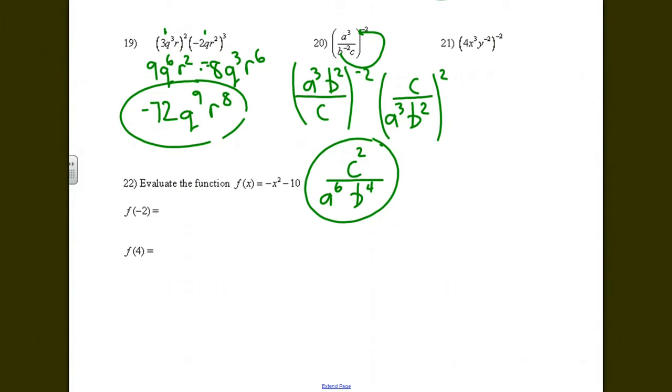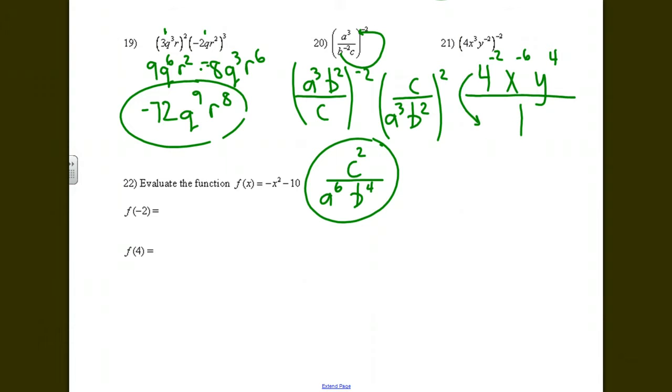21, I'm going to take everything to the negative second power. So I have 4 to the negative second. X to the 3 times negative 2 is negative 6. And then y to the negative 2 times negative 2 is positive 4. And then remember, everything is always over 1. And then I'll just take anything with a negative exponent and I will move it down and make it positive.